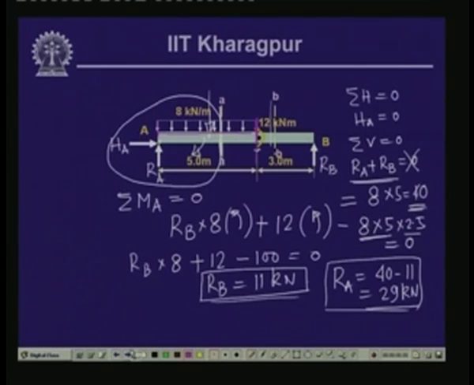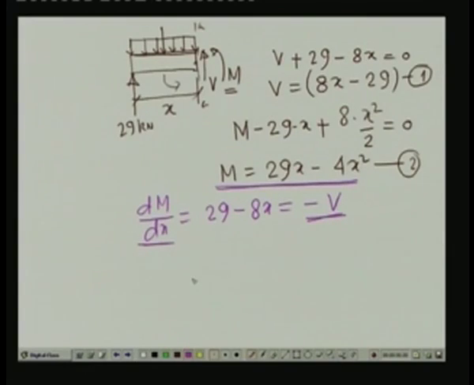So, let us see what the consequence is. If we substitute the distance x equal to 5, where the uniformly distributed load ends, the moment at x equal to 5 is 29 into 5 minus 4 into 5 square. This gives us a value of 45 kilonewton meter.